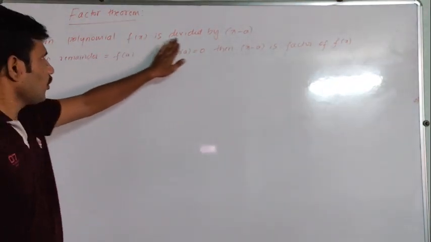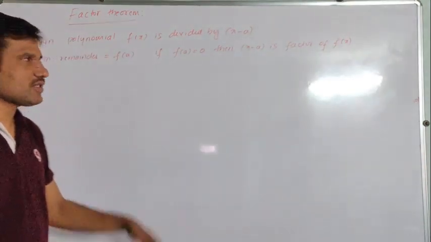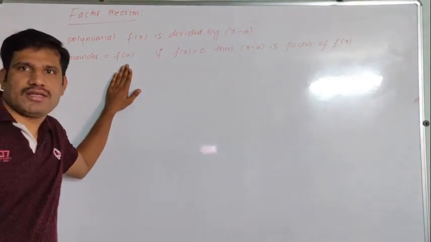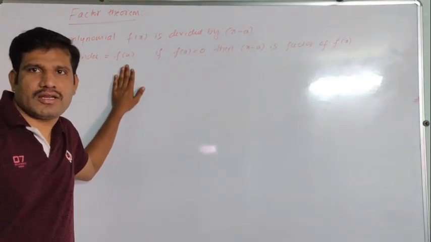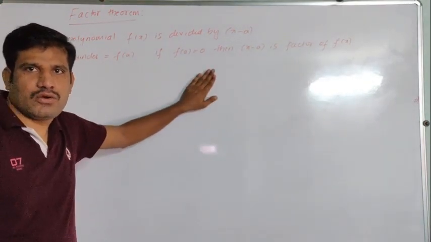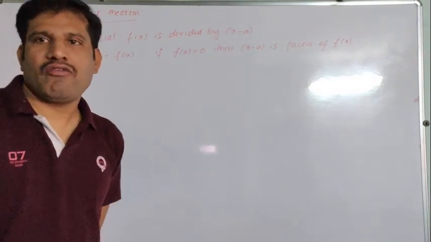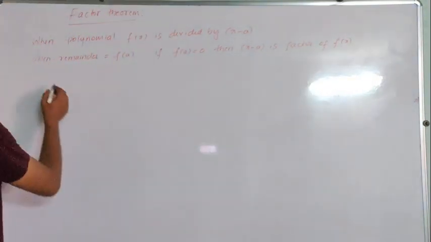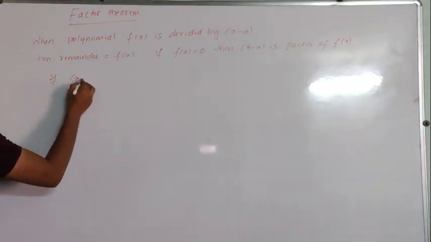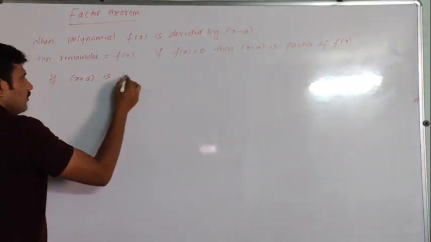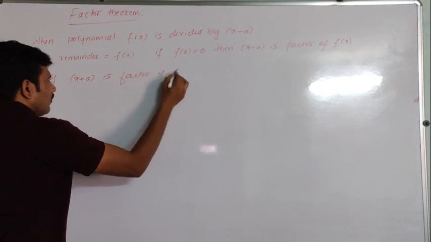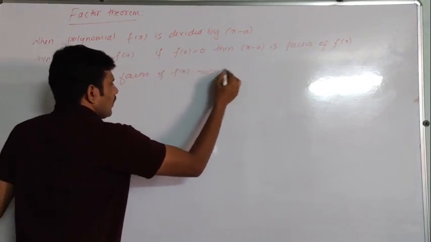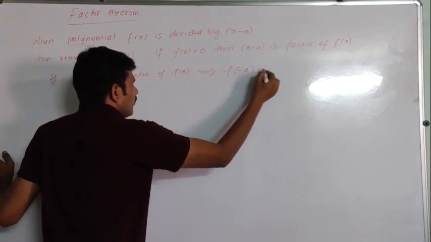When a polynomial f of x is divided by x minus a, then the remainder is f of a. This we know already from the remainder theorem. If that remainder is 0, then x minus a will be a factor of f of x. Means what? If x plus a is a factor of f of x, this implies f of minus a equals 0.